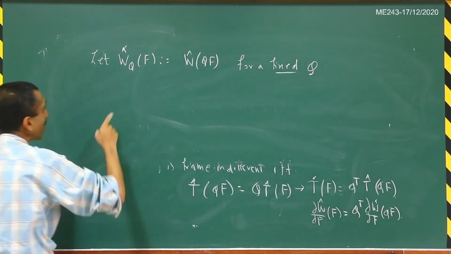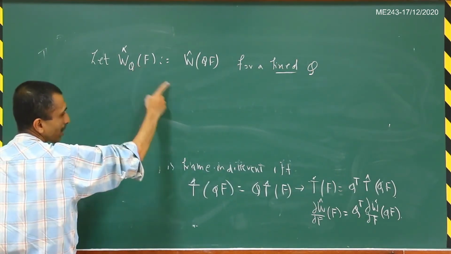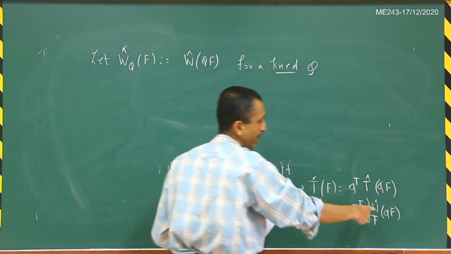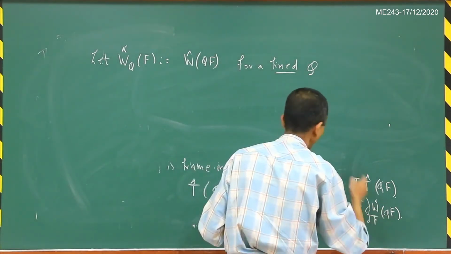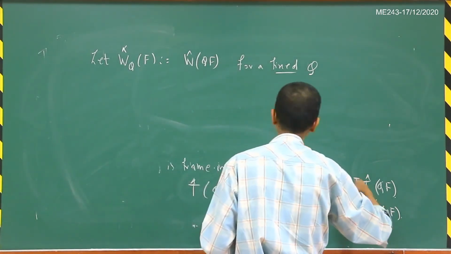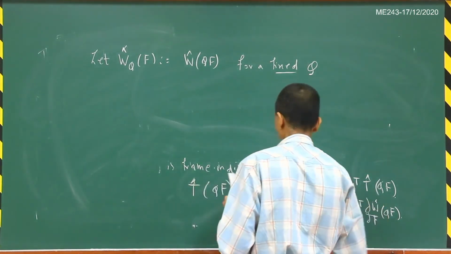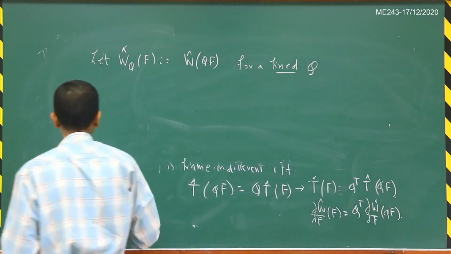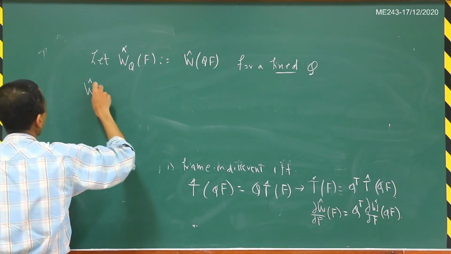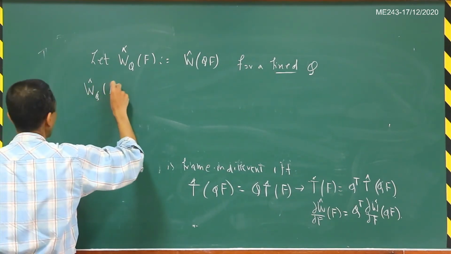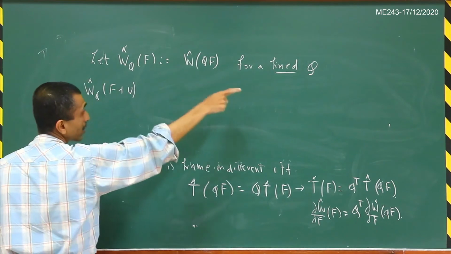So now I need to find the gradient of this particular function, that is, del W by del f of Q of f. So basically this is W_Q of f, and I need to find the gradient of that function. So W hat of Q of f plus U, we have to perturb that. Q is fixed.